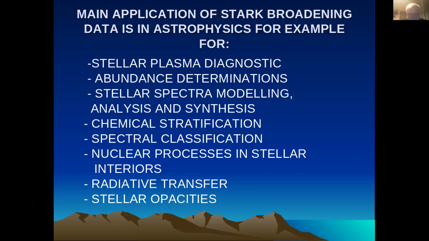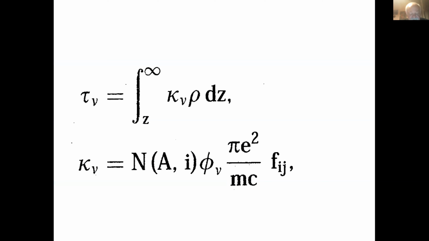Also for monitoring of nuclear processes in stellar interiors, because chemical abundance anomalies depend on production of elements in stellar interiors, and by studying this we can monitor which processes occur inside the star. Also for radiative transfer through stellar plasma and for determination of stellar opacities.